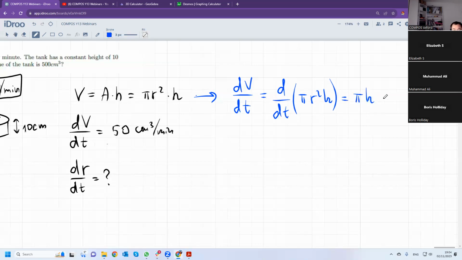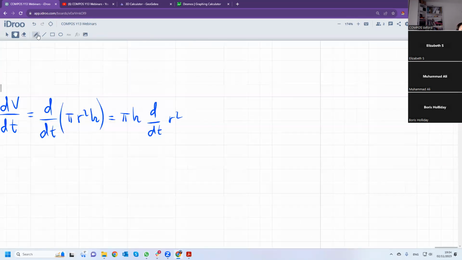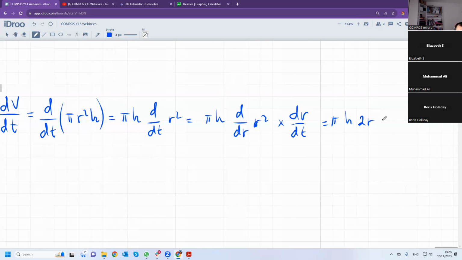So it's pi h d/dt of r squared, but r does change with time, so we can't just take it out. So we need to differentiate it with respect to time. So we use the chain rule here. It's going to be pi h d/dr of r squared multiplied by dr/dt. So it's pi h 2r multiplied by dr/dt.